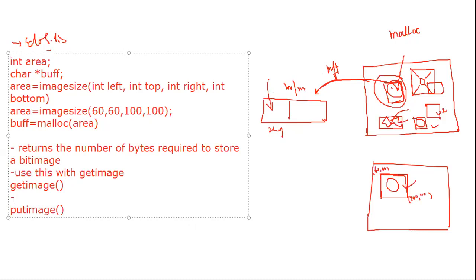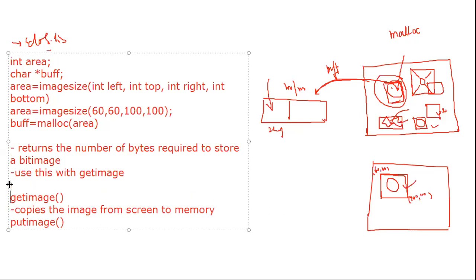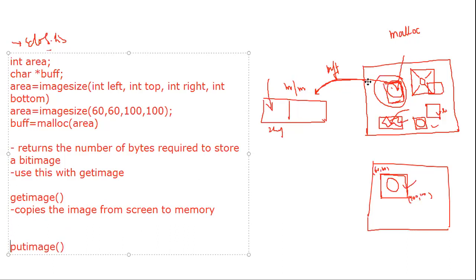So get image copies the image from screen to memory. Okay, so this is the case. So this get image, what it will do, get image will copy the image from the screen to the memory.